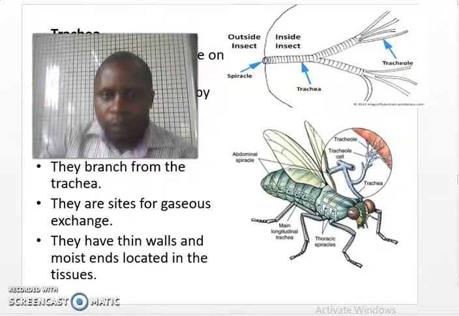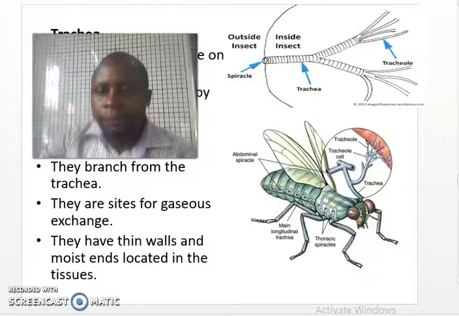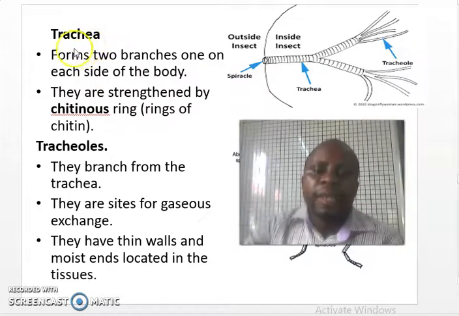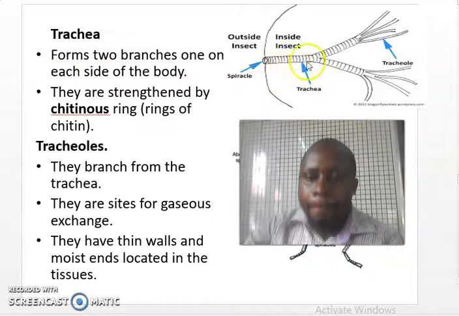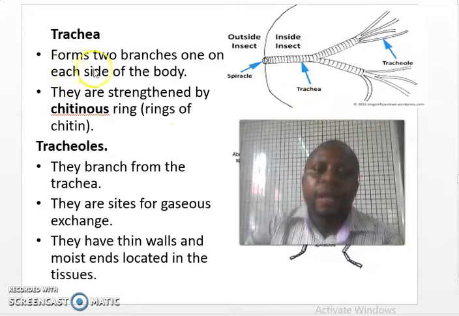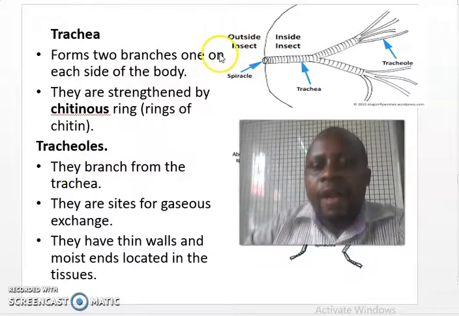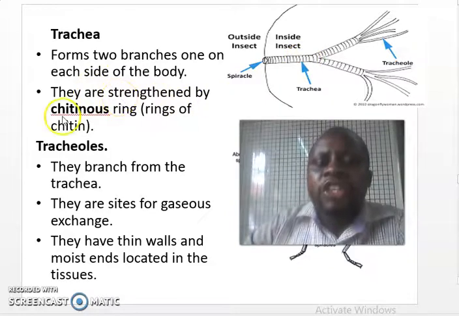Now, what about the trachea? From the spiracle, the next tube is the trachea. The trachea forms branches, one on each side of the body, and they are strengthened by chitinous rings. This is a ring made up of chitin.